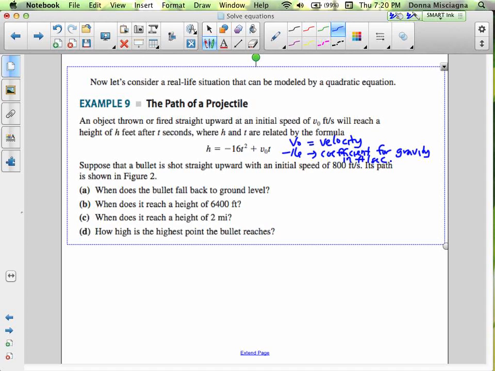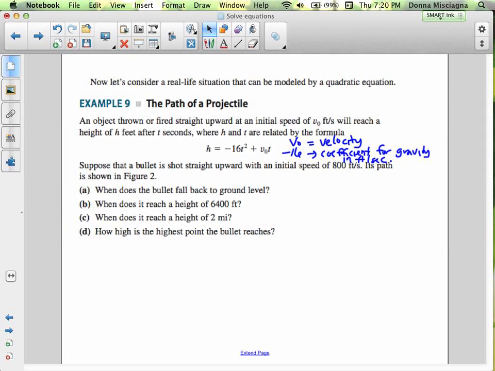So there's one for feet and there's one for meters. This is for feet. All right, so we have our coefficient for gravity at negative 16, and then v naught is just whatever the velocity of our object is. And velocity can be positive or negative.